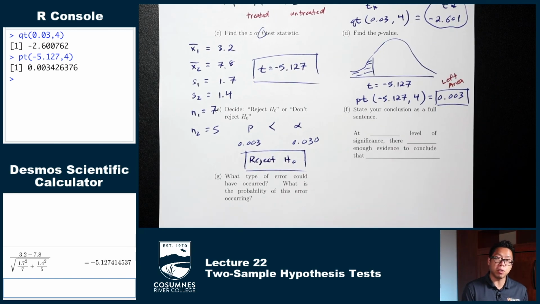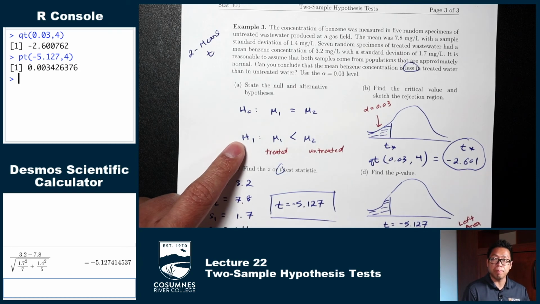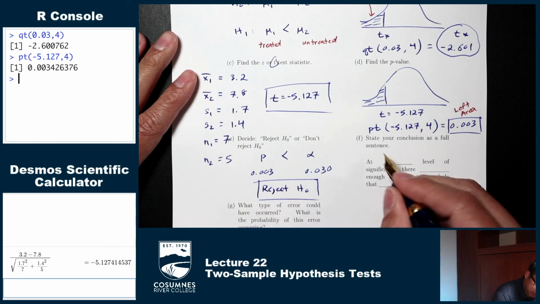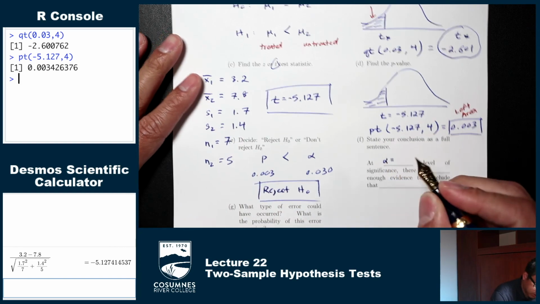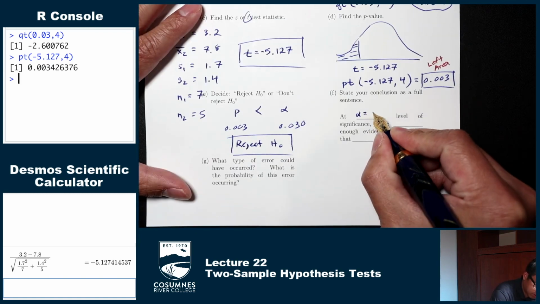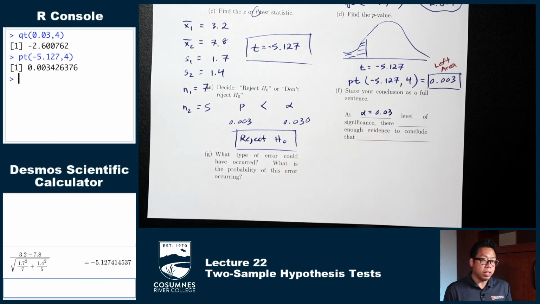Part F, so this is our conclusion. So the sentence is saying that, do we have enough evidence to conclude that H1 is true? So at, state your level of significance. So at alpha equals 0.03 here. Level of significance, there is or is not.